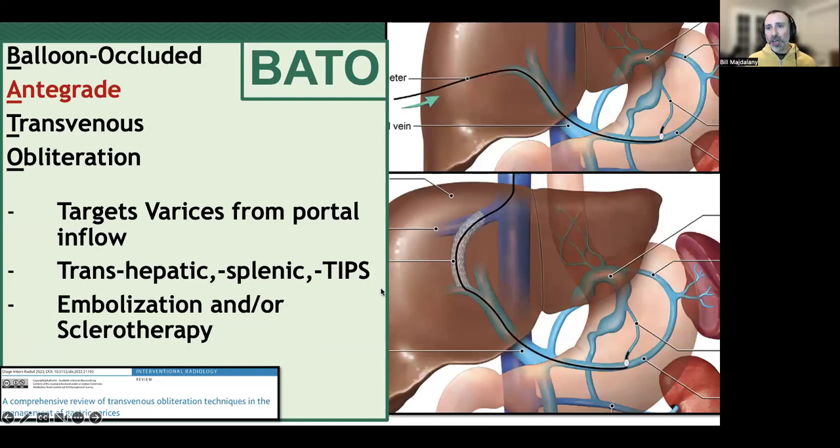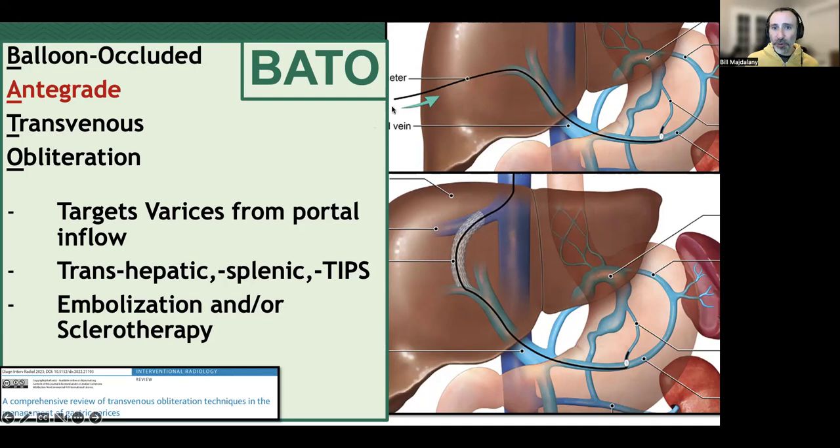So before we talk about BRTO, let's talk about BATO. So BATO is the antegrade approach to transvenous obliteration, or variceal sclerotherapy. So we're going to, when we perform a BATO, target the varices from the portal inflow. So this portal flow is actually going backwards and into the varix and then over to the systemic circulation, as we just said.